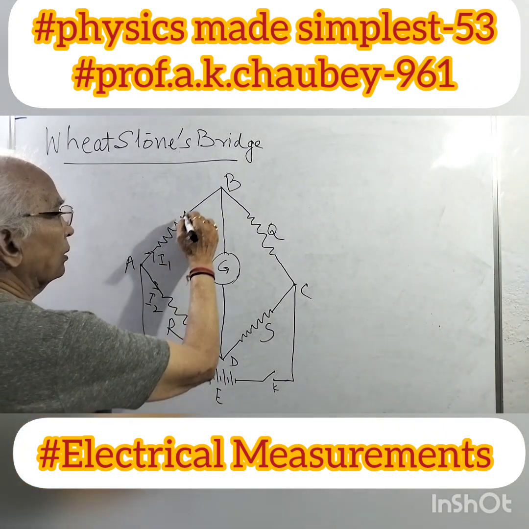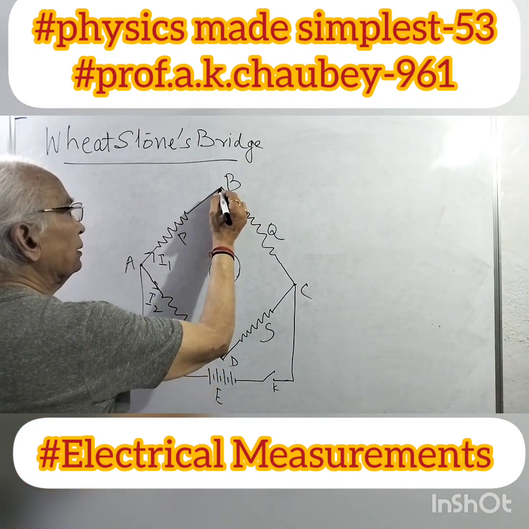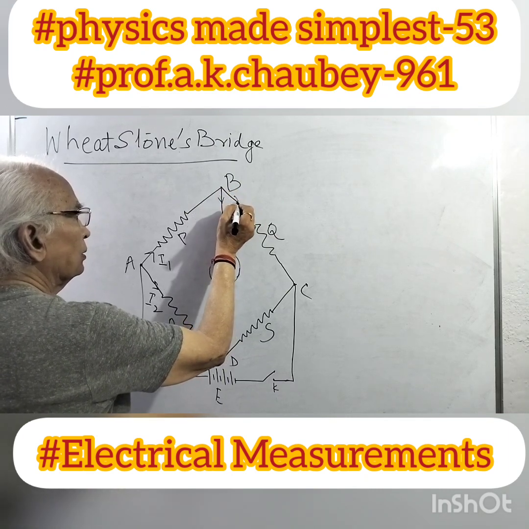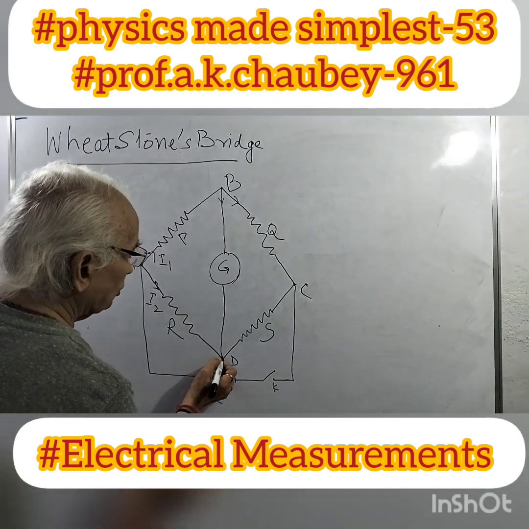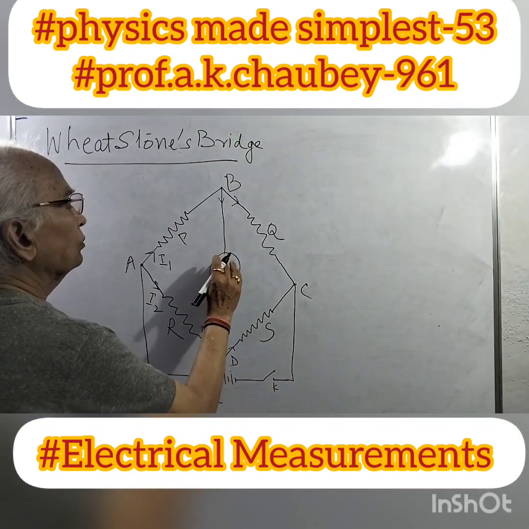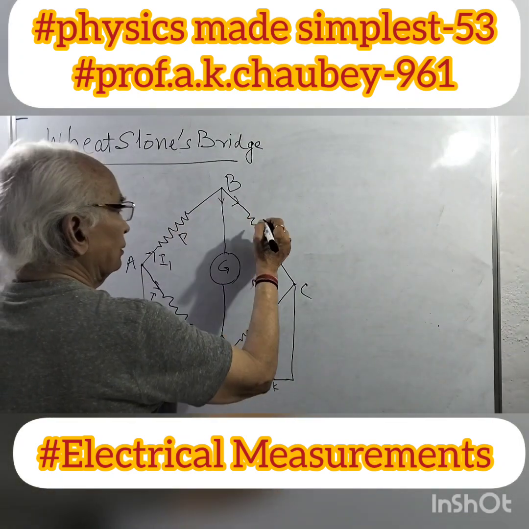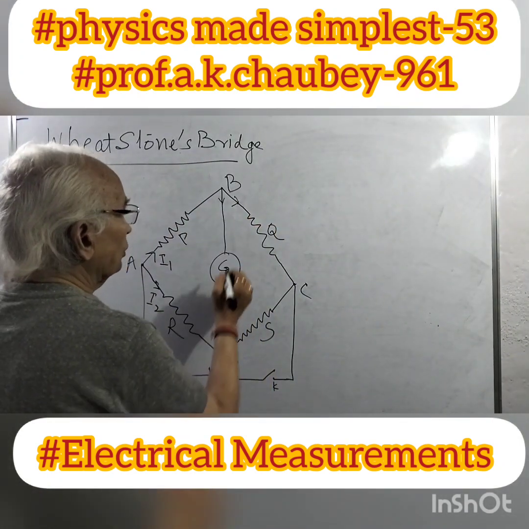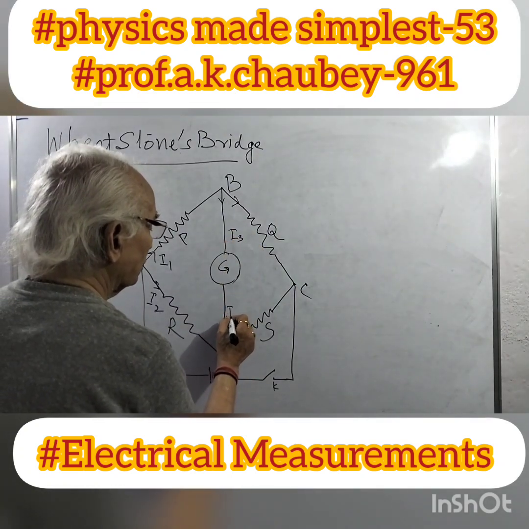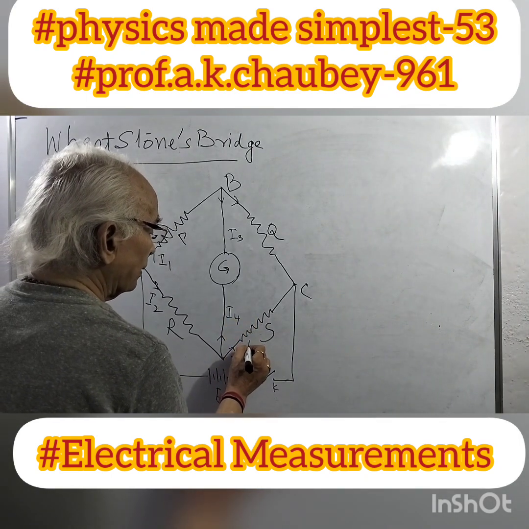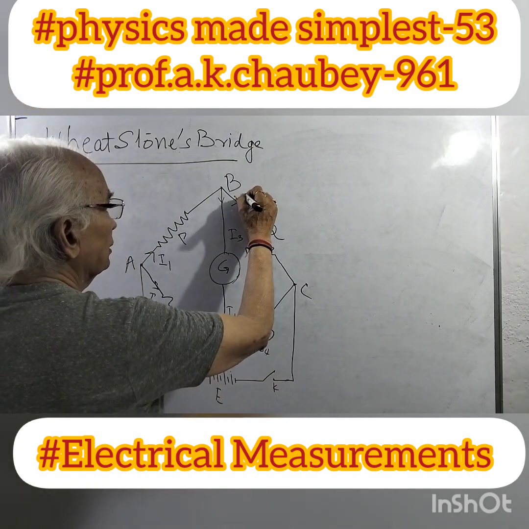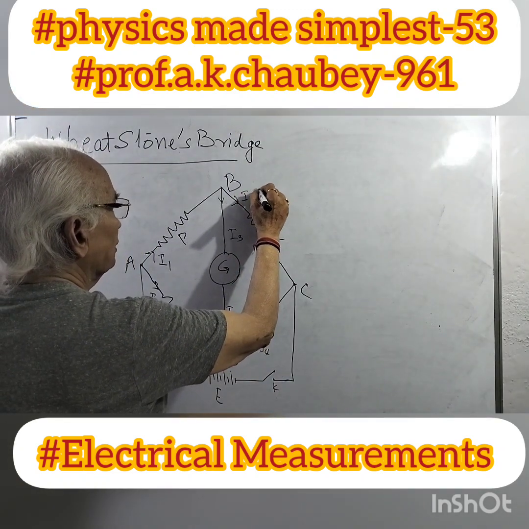This current may be divided here, some current may go here and some current may come here. I call this I3 and this I4. So current here is I2 minus I4, and current here is I1 minus I3.